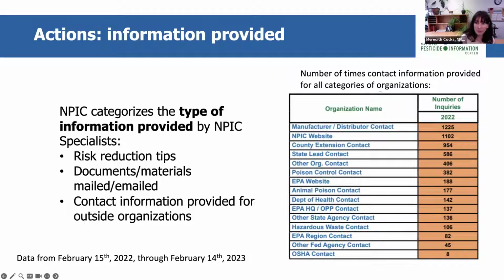The most common referral is often to a manufacturer for someone seeking help understanding their label. But after that, county extension is a very common resource for us to share, and the state lead agency. We gave out state lead agency contacts to NPIC callers 586 times in 2022.